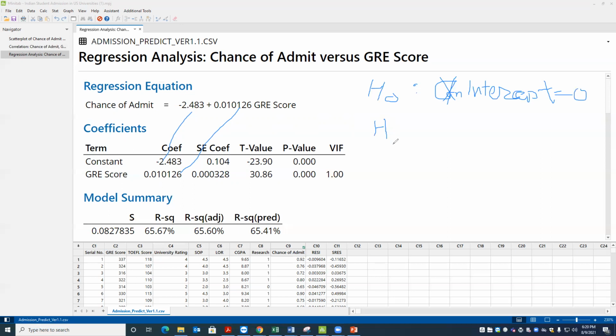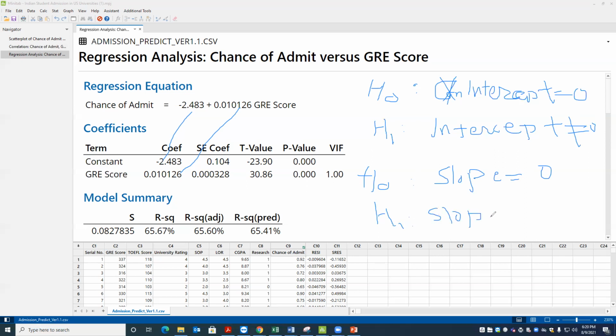Alternative hypothesis, intercept not 0. Similarly, another null hypothesis, slope is 0. Alternative is slope is not 0.